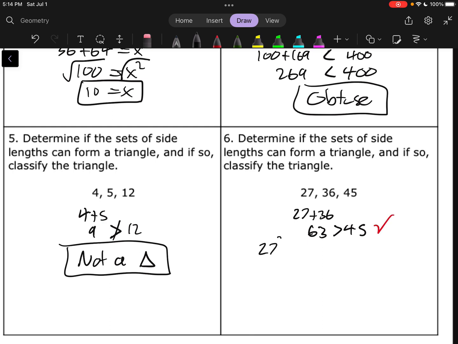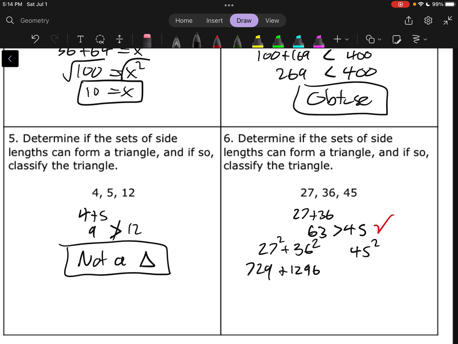Now we're going to do 27 squared plus 36 squared compared to 45 squared. 27 squared is 729. 36 squared is 1296.